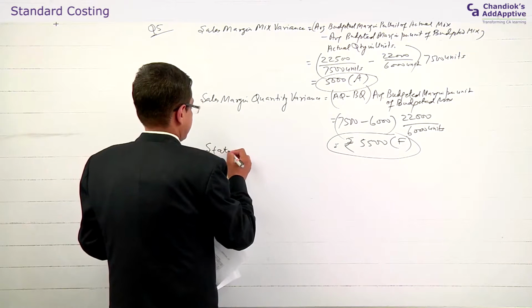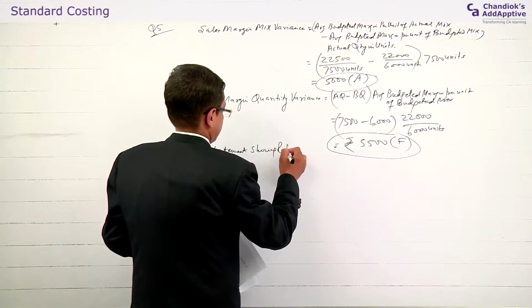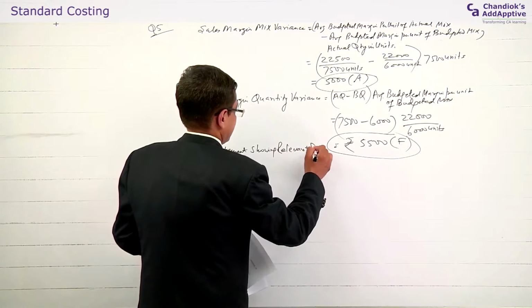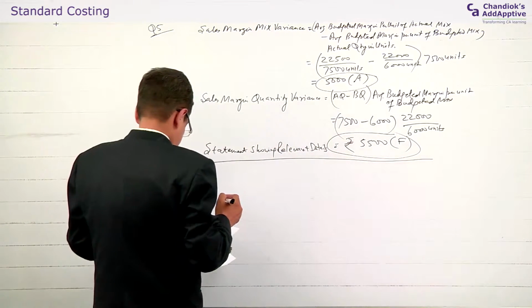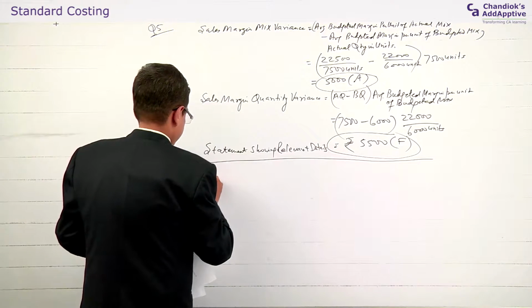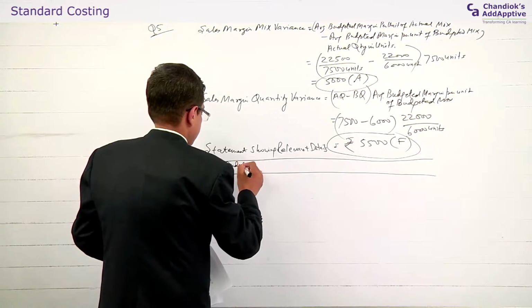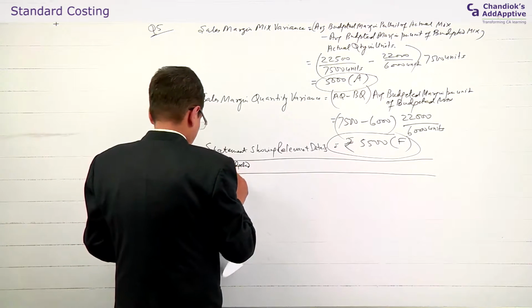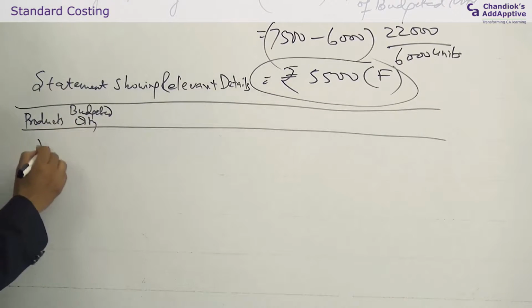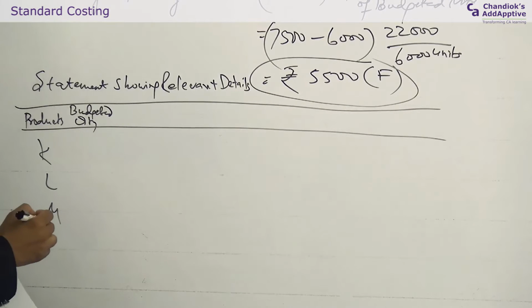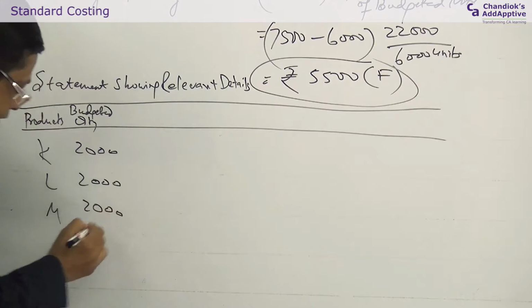So, statement showing relevant details. You have budgeted quantity, products K, L and M. The quantity is 2000, 2000, 2000.